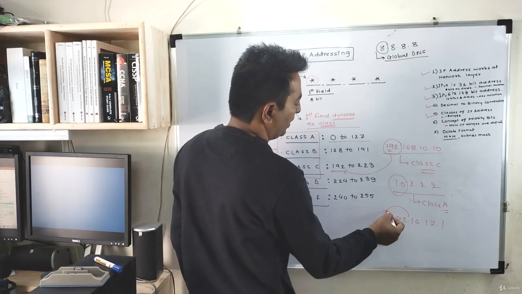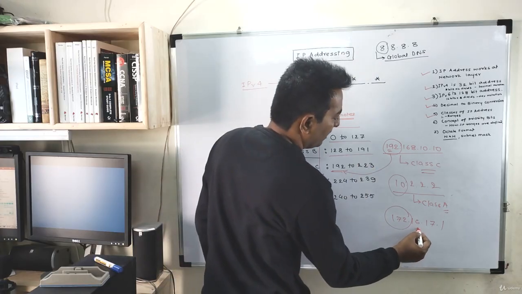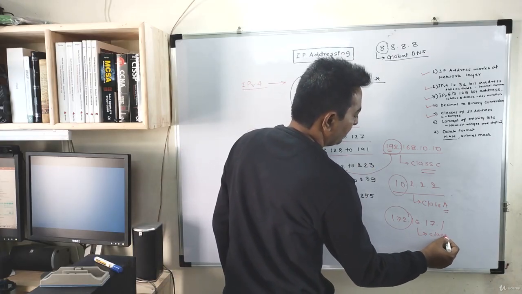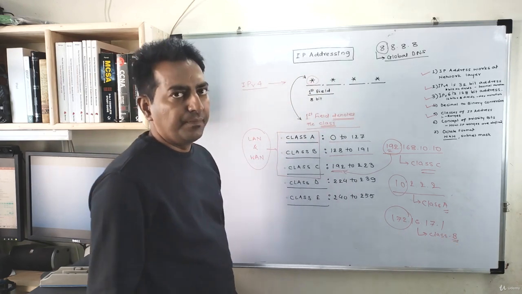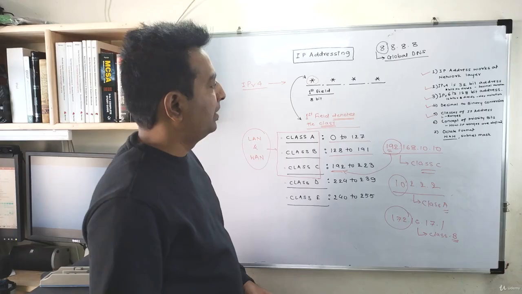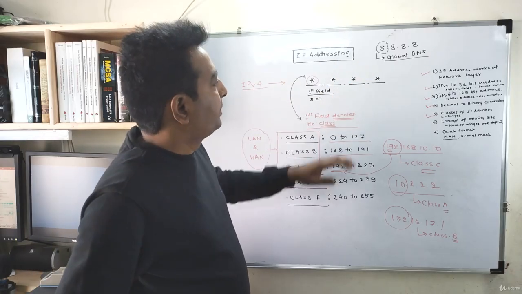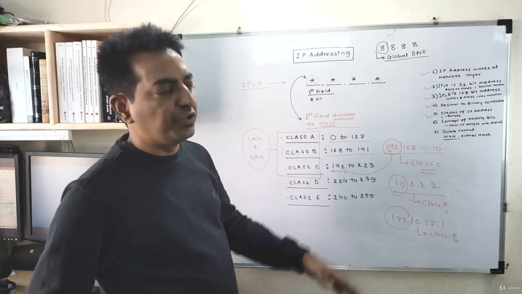So this number falls into this range. So that is why this IP is considered as a class B IP. So I hope you understood how the classes in IPv4 are defined and what are their ranges.